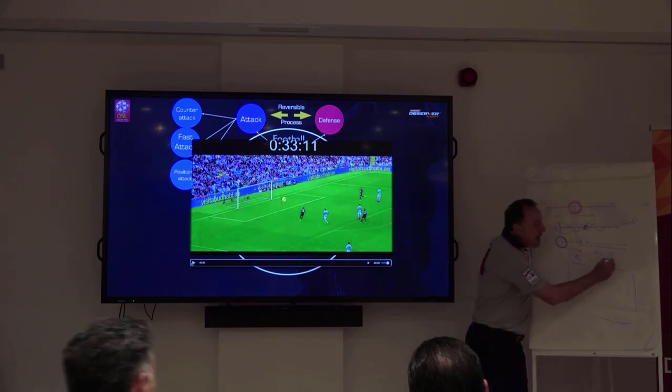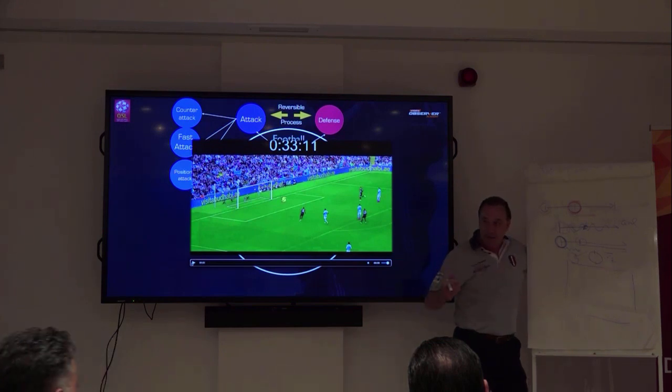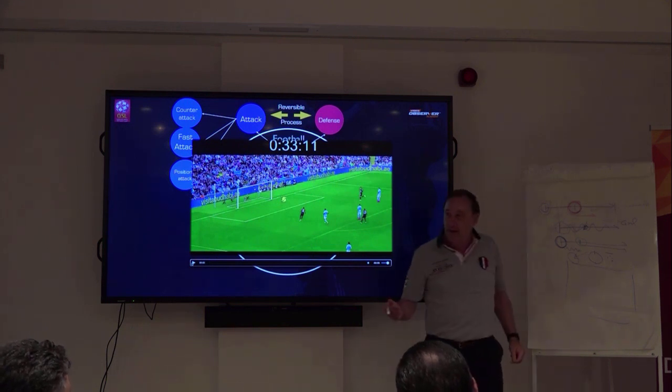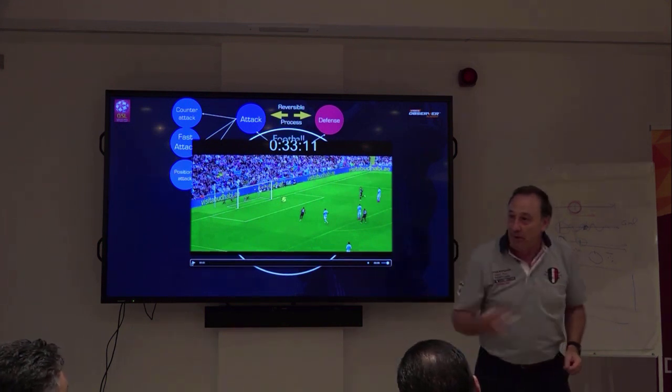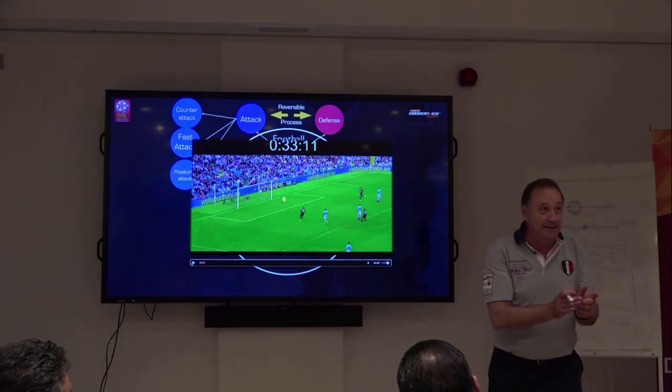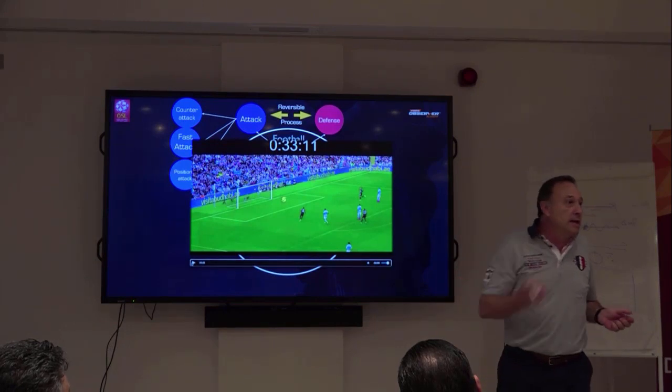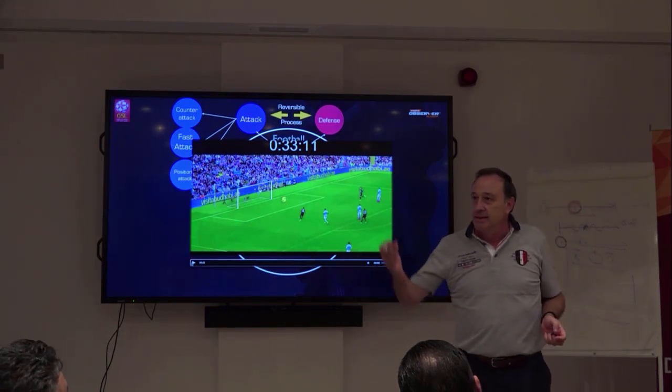At 1 minute 30, I whistle. Whoever has the ball gets 1 point. So, you understand this? It means a team could have the ball for 29 seconds, but at the 30th second you don't have the ball. I whistle, and the other guys get the point.